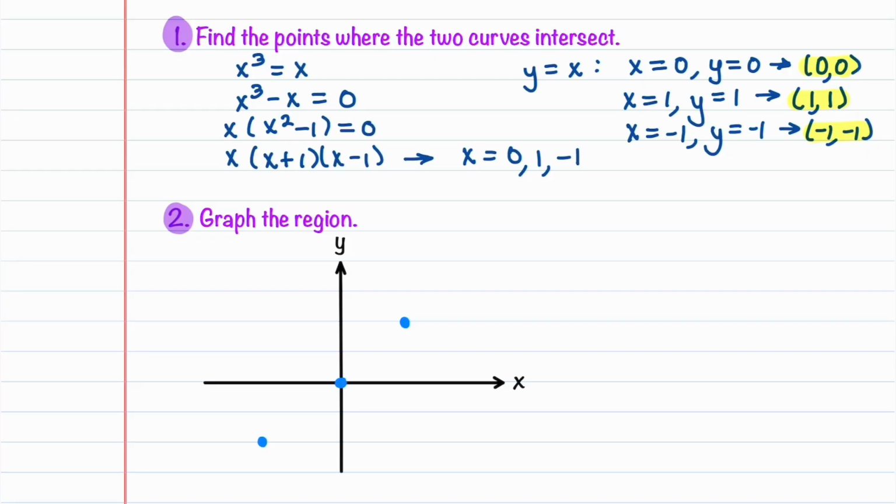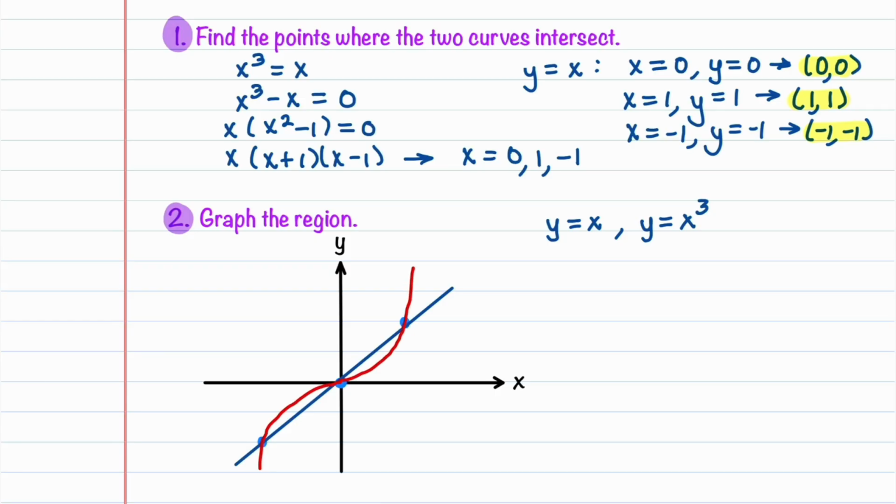We have y is equal to x, and y is equal to x cubed. Let's graph y is equal to x first because that's easier. That's just going to be a line that passes through these 3 points. And now let's graph our cubic, y is equal to x cubed. It bends down and then comes back up.